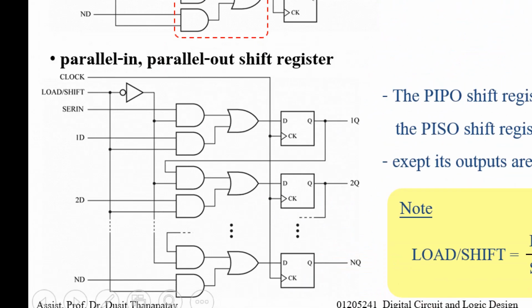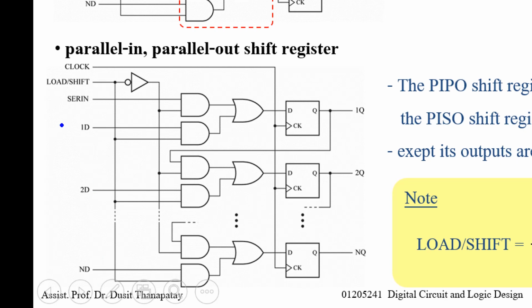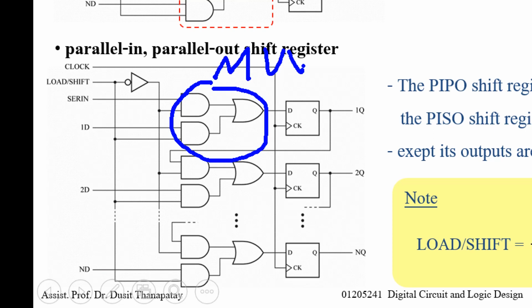And actually, this circuit you can use for serial in, serial out, parallel in, parallel out, all modes of shift register. Okay, now let's consider how this circuit works. At this part is actually a mux, or multiplexer. Do you remember this one also?